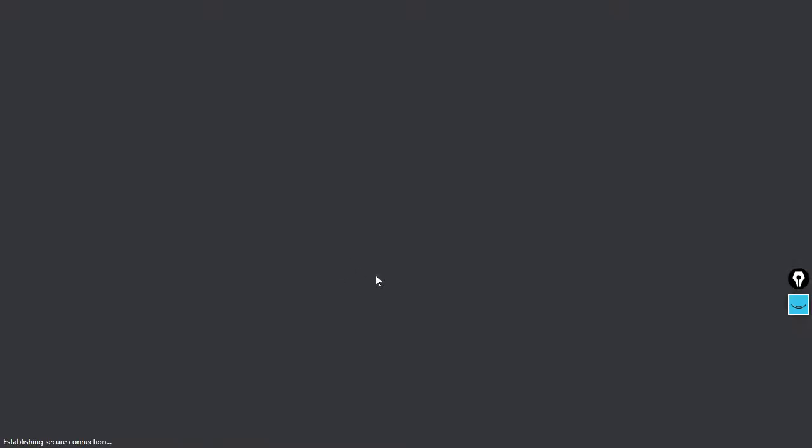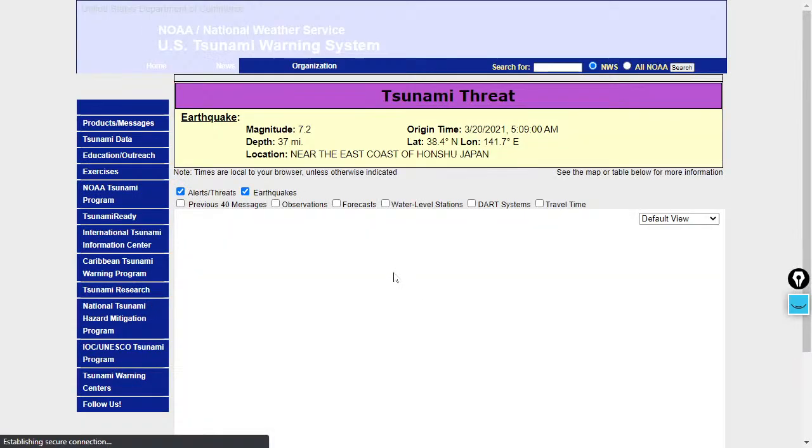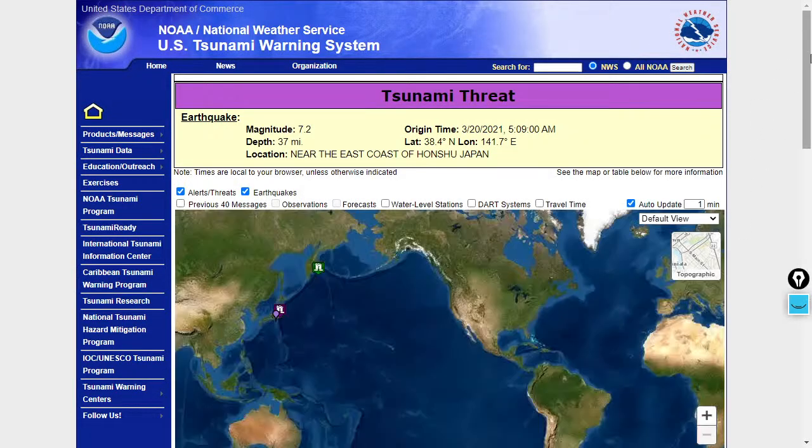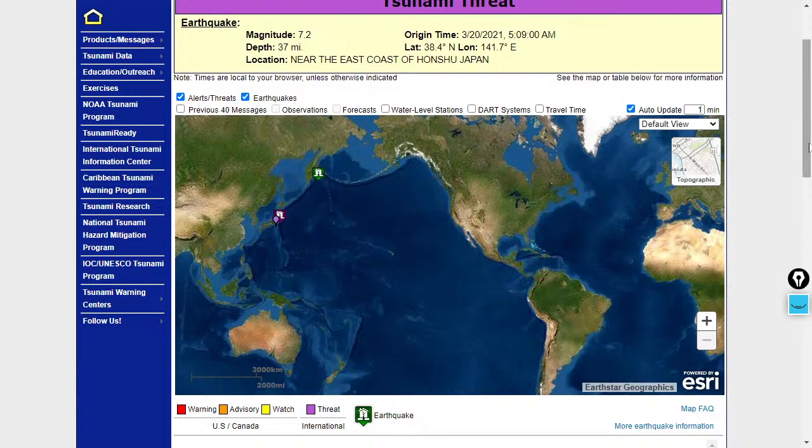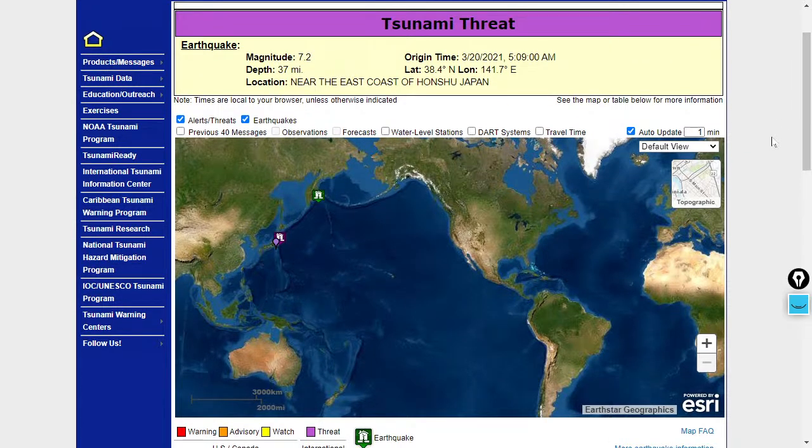Let's check the Tsunami Warning Center. And there is a tsunami threat. Check it out, folks. We've got a lavender threat.